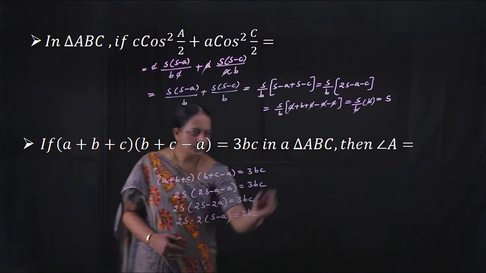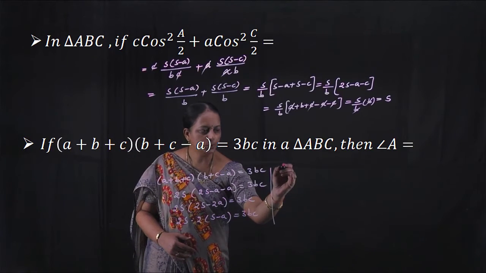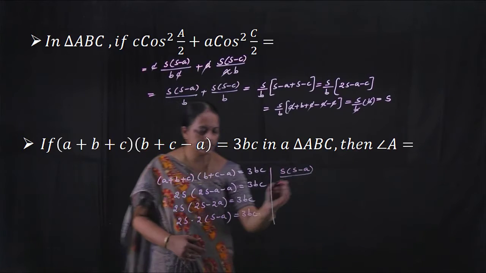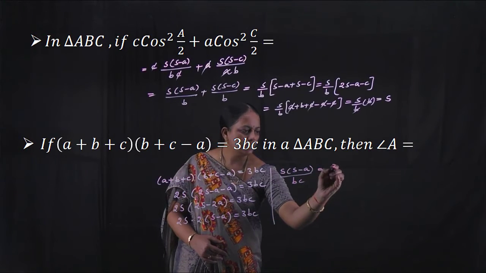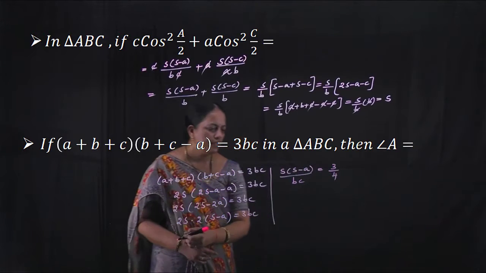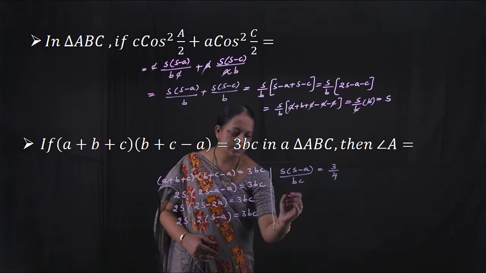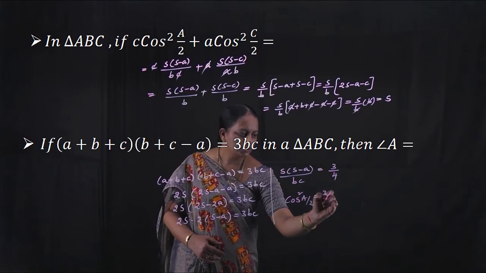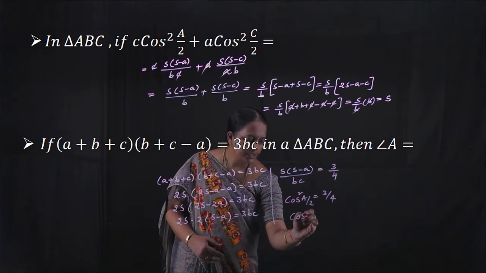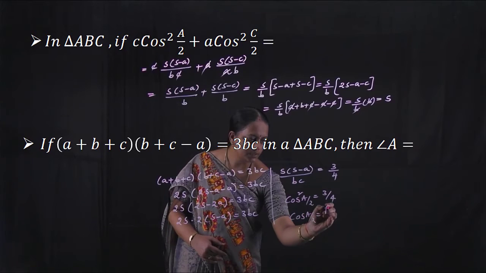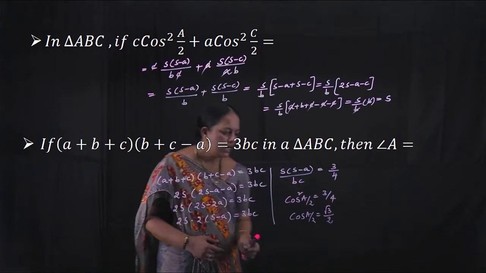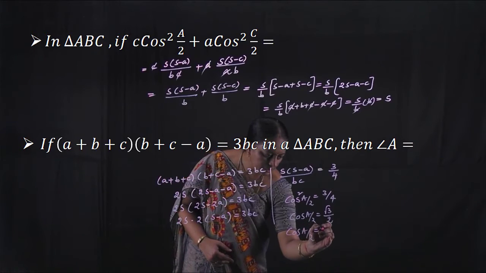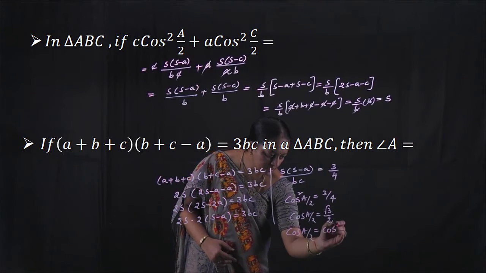From this we can write s(s minus a) by bc is equal to 3 by 4, and we know that s(s minus a) by bc means cos square A by 2 is equal to 3 by 4. Cos A by 2 means root 3 by root 4, which is root 3 by 2, and in terms of cos, root 3 by 2 is equal to cos 30 degrees.